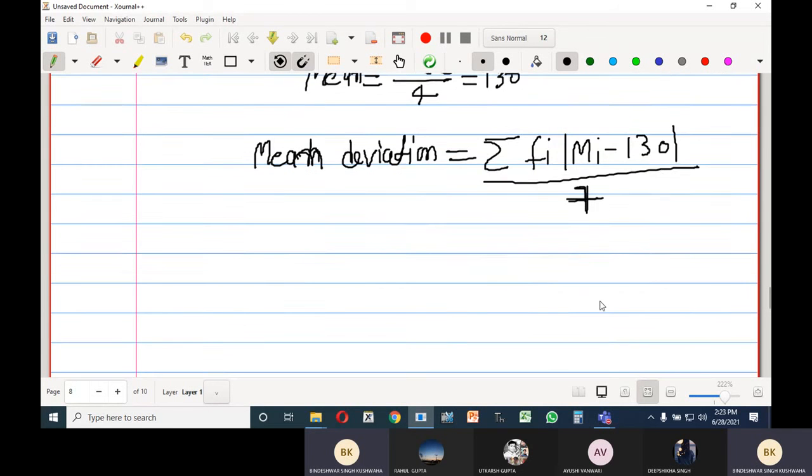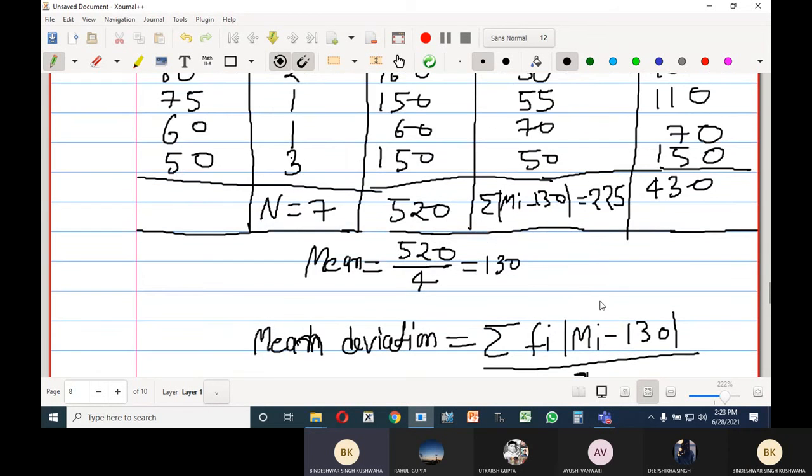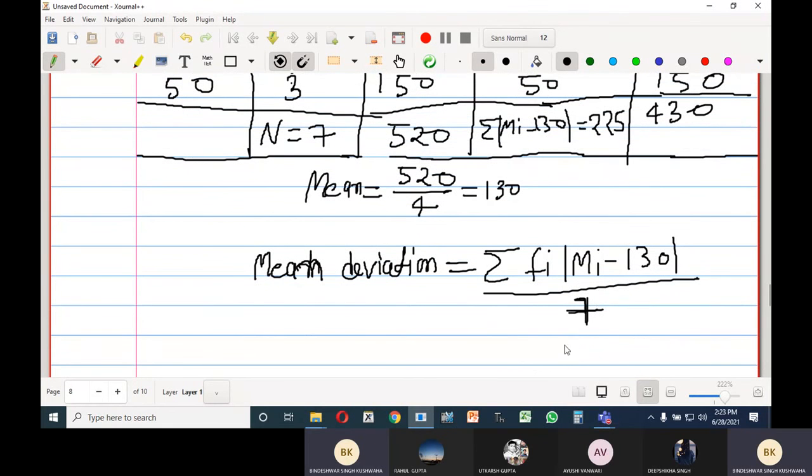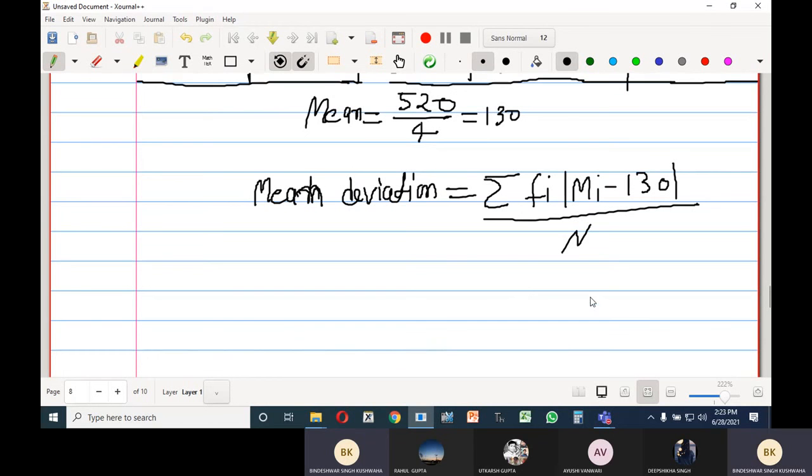So here not 7, you should write here n. After that we will write 7. Okay. So here you will write capital N. So thereafter you will write 430 upon 7. So who will tell me what would be the answer?